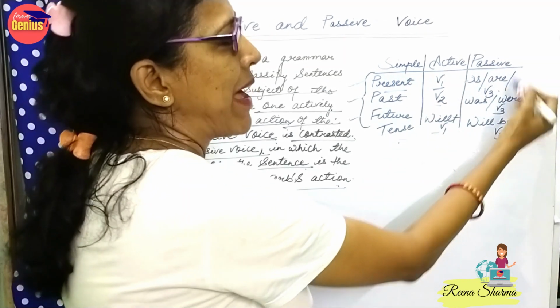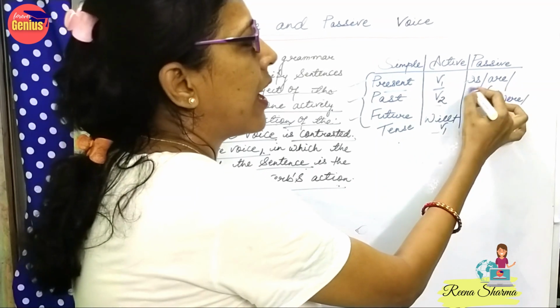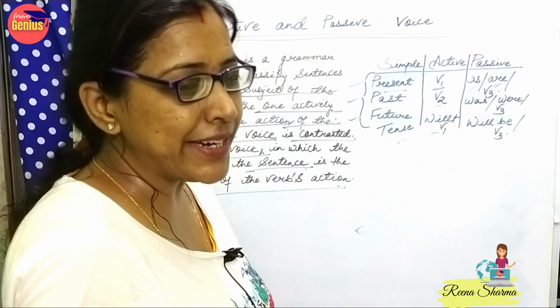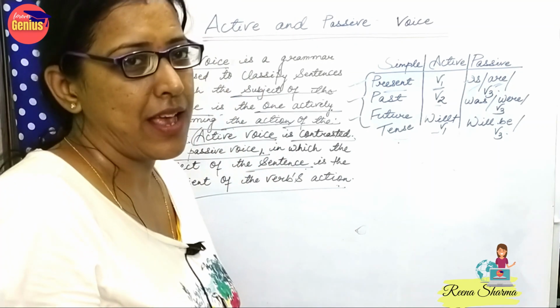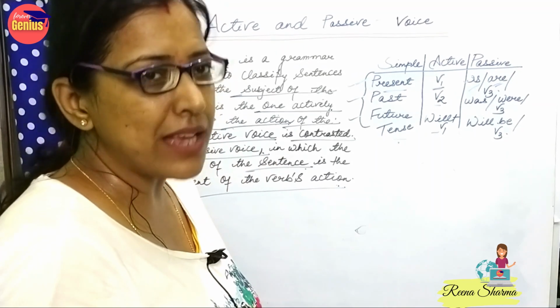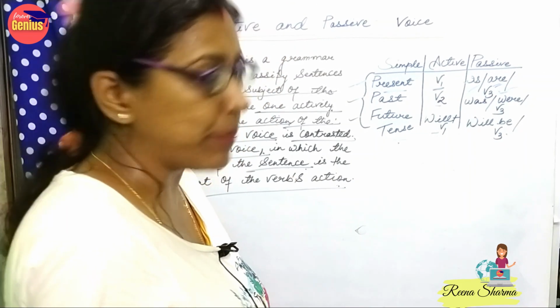Next, if it is passive voice, what will happen? If it is passive voice, along with the helping verb, which verb do we use? We have learned in tenses that whenever a helping verb is used, we always go with the third form of the verb.